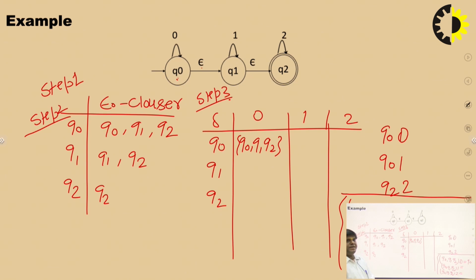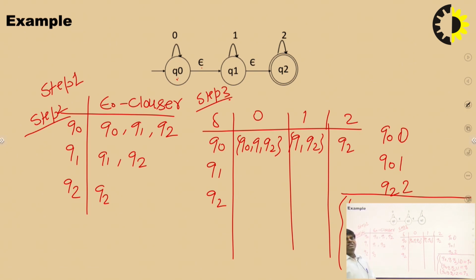Similarly, we check the transition on 1. From Q0, on 1, there is no transition; from Q1, it is Q1; and from Q2, on 1, there is no transition, only Q1. Now what is the closure of Q1? That is Q1 and Q2. Then on 2, from Q2, that is Q2.